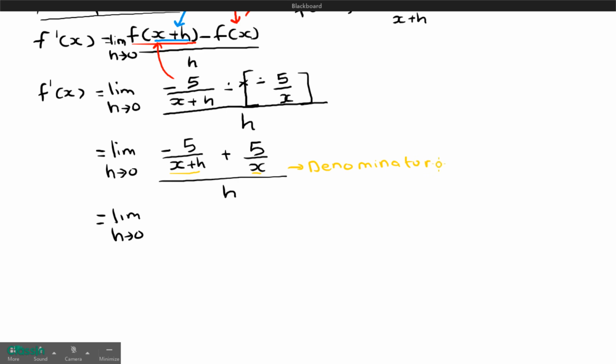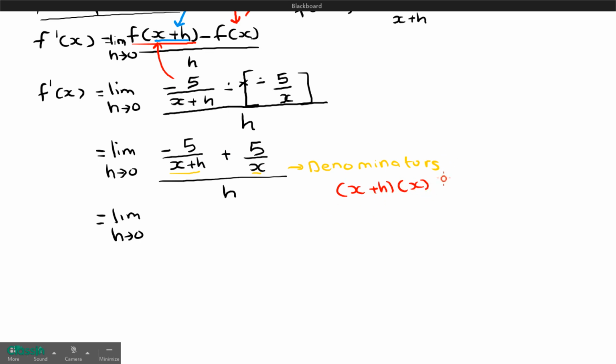We have the denominators. Our denominators are x plus h and x. Therefore, what we need to do in this case is take x plus h, which is this one, and also multiply it by x. So now on our denominator, we no longer have x plus h plus x, but we're going to have x plus h into x.